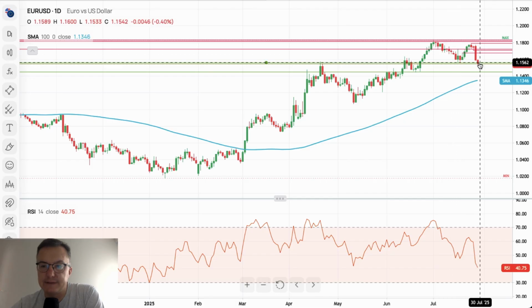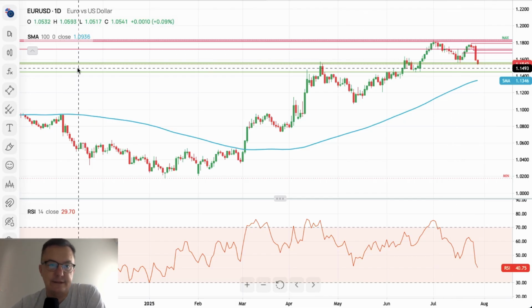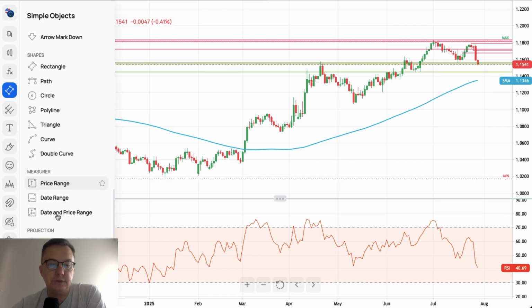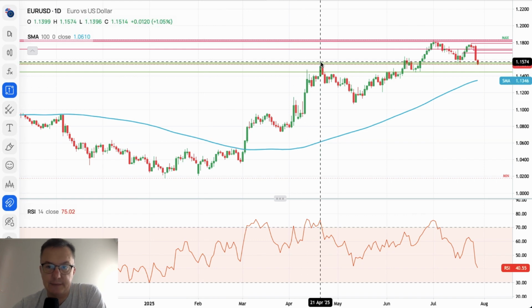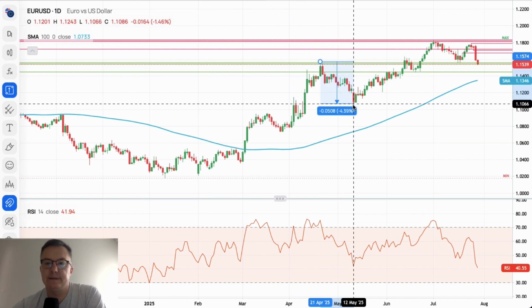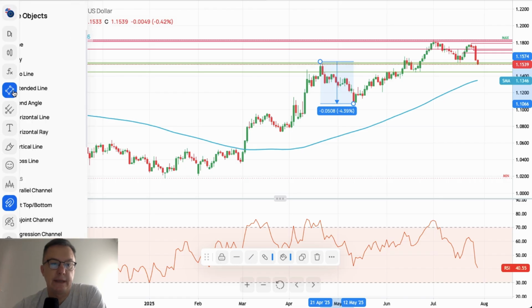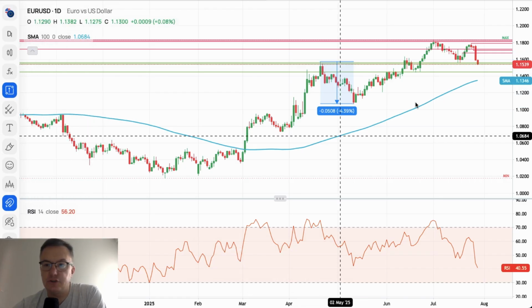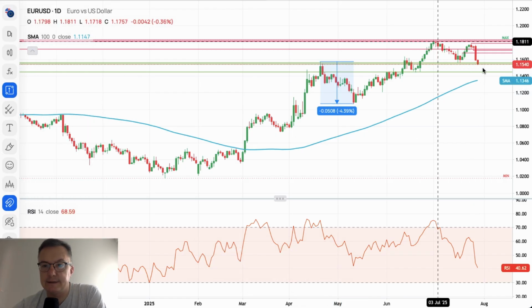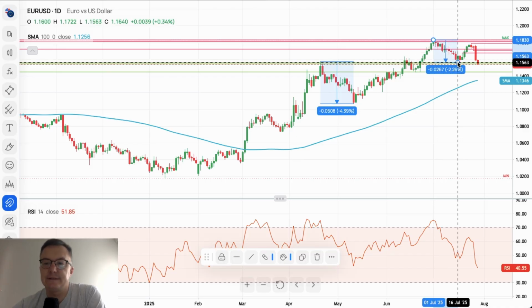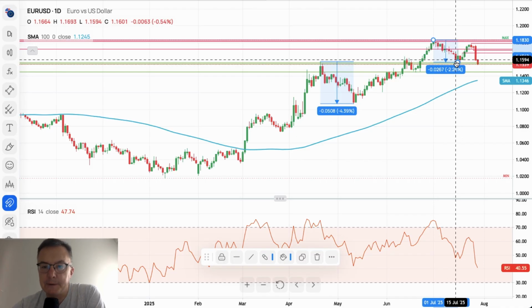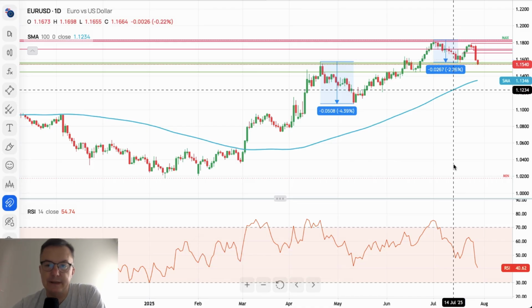Nevertheless, it doesn't actually mean that the uptrend is done, because if we take a look at the price range of the biggest correction during this uptrend, it is minus 4.33. So right now we have just done the 2.26, so this one is even smaller than that one, right? So don't panic just yet.